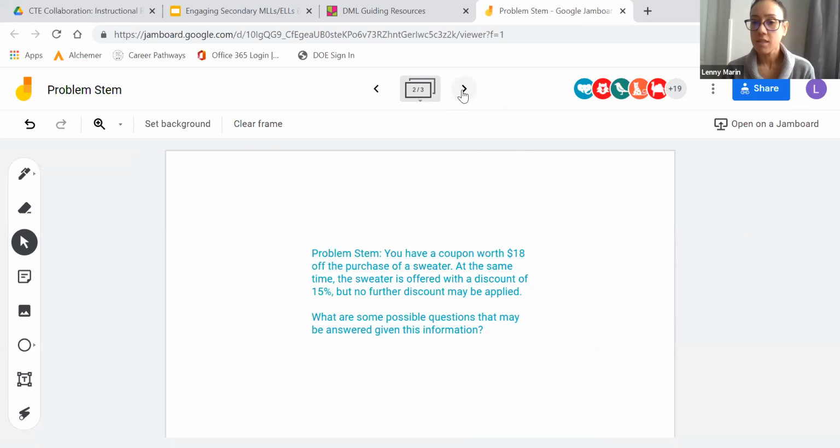And it's the same exact problem, but if you notice, the reason why it's called a problem stem is because there is no question. And so now what I want to ask you is what are some possible questions that may be answered given this information? Same idea, grab a sticky note.